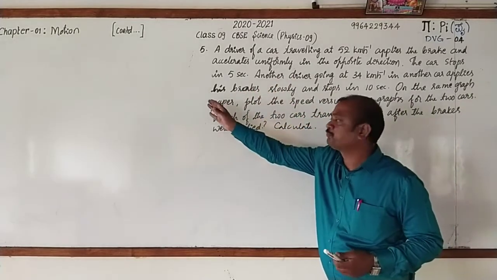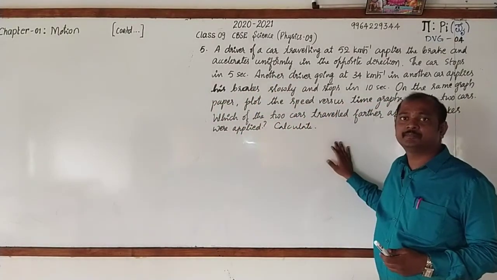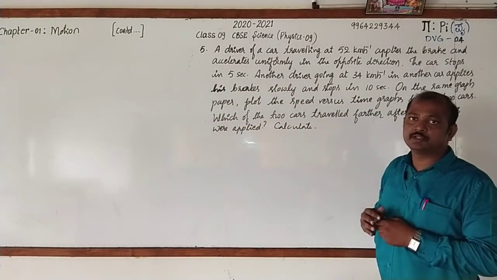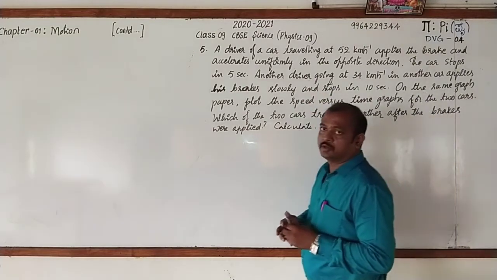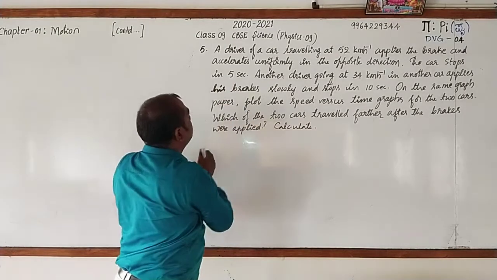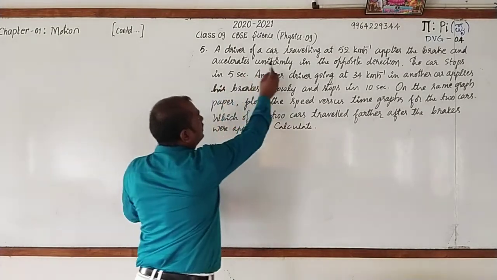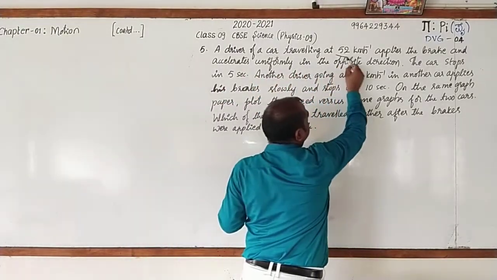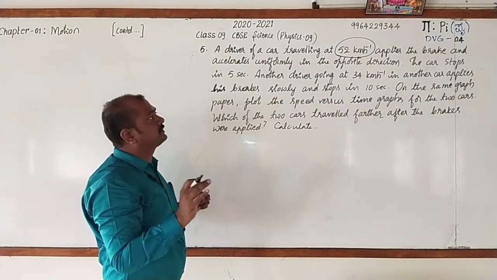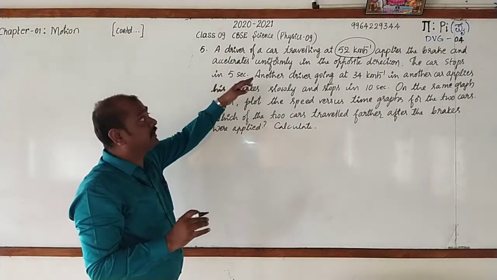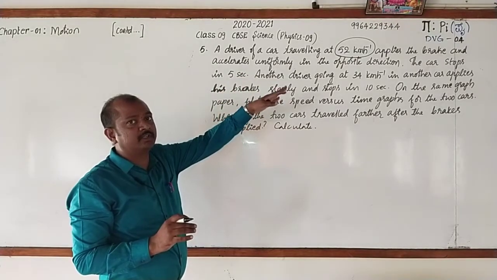Dear students, you have already copied this and you might have read also. But once you read with me, the 5th one is given like this. A driver of a car traveling at 52 km per hour applies the brake and accelerates uniformly in the opposite direction.